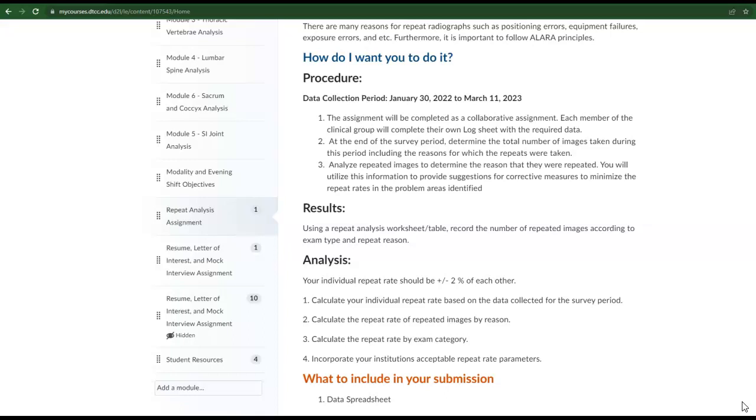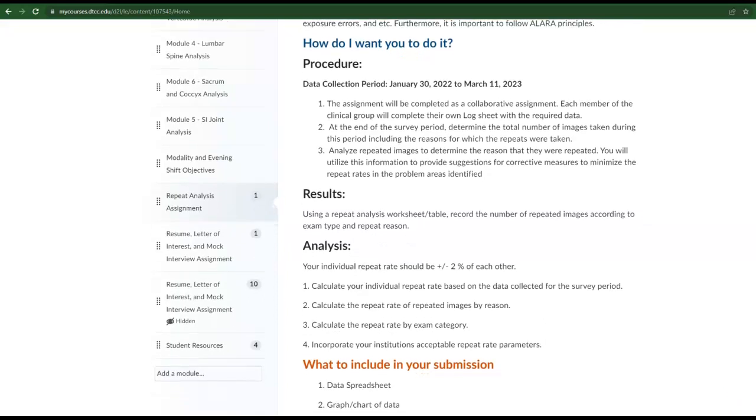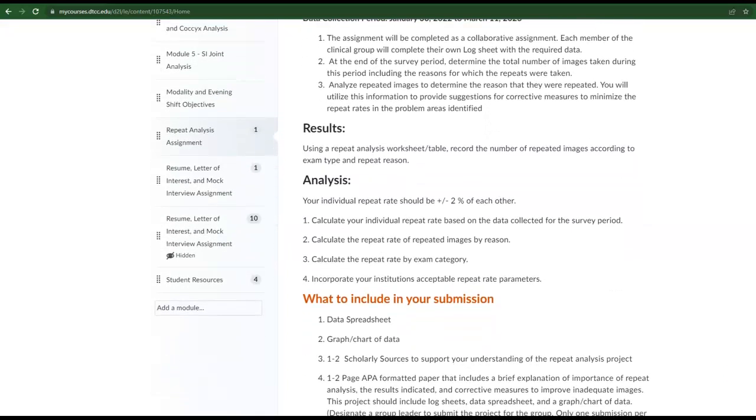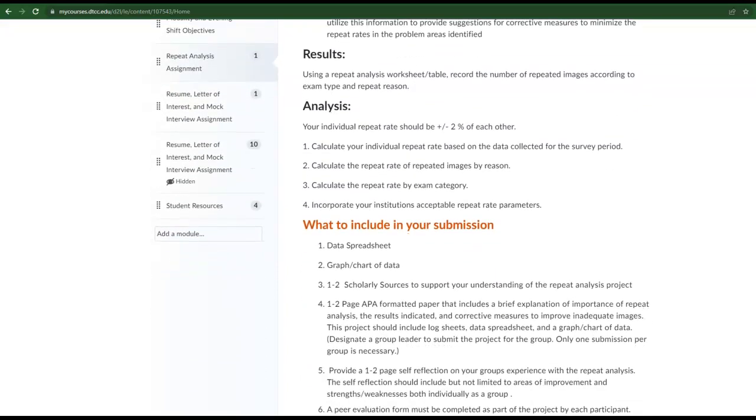You're going to calculate your individual repeat rate based on the data collected from your survey. You're going to calculate the repeat rate of repeated images by reasons, calculate the repeat rate by exam category, and incorporate your institution's acceptable repeat rate parameters if they actually conduct a repeat analysis. But if you have issues finding that out, please let me know.